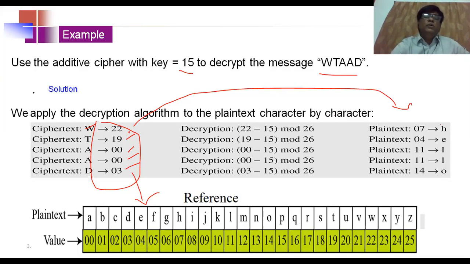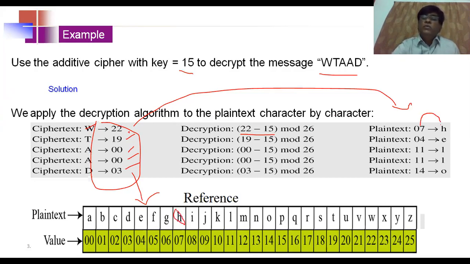The equivalent integer for W is 22. 22 minus 15 is 7. 7 mod 26 is always 7. So what is the equivalent character for 7? For 7, the equivalent character is H.